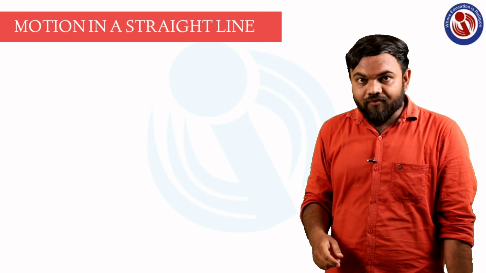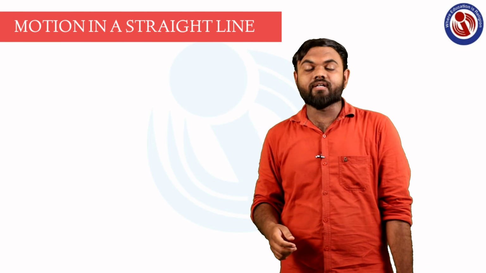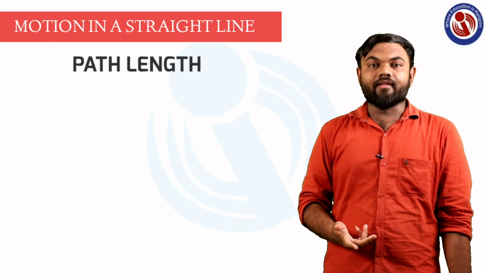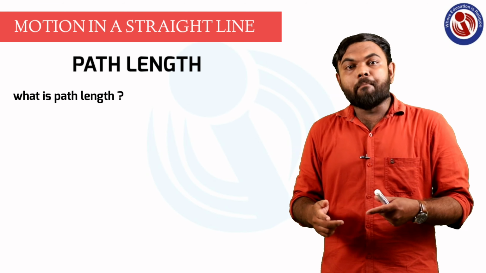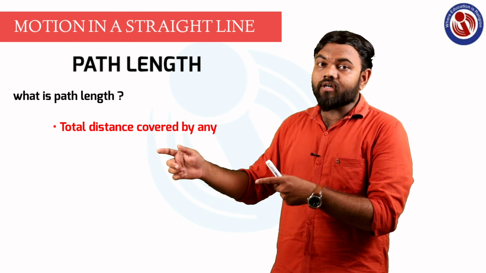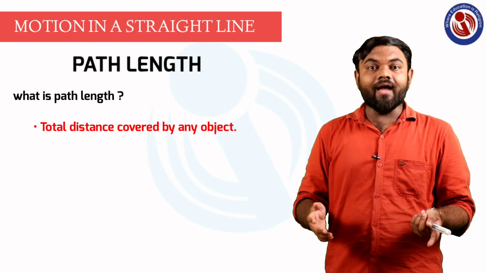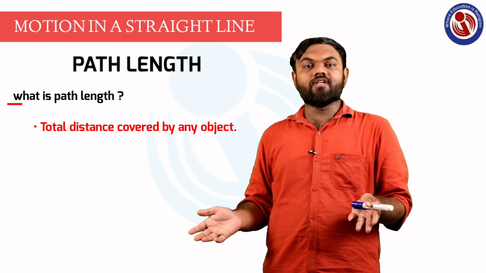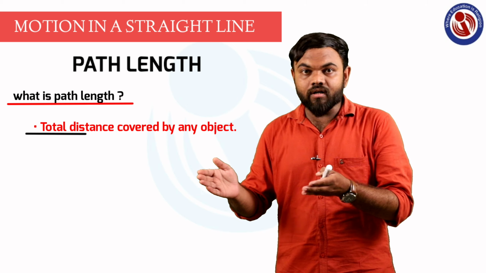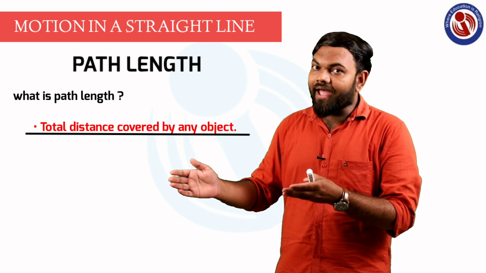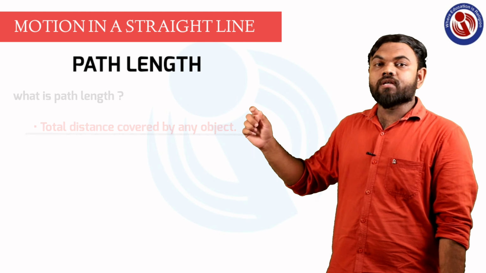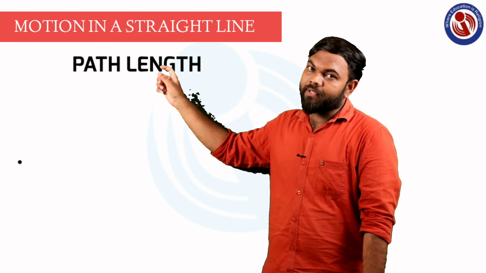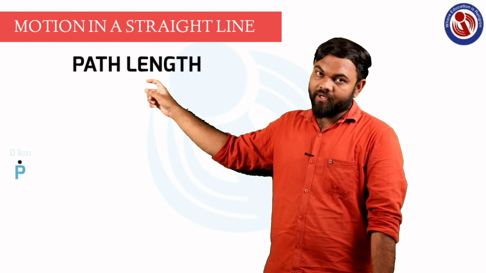Now we will define the second physical quantity. It is path length. What is path length? Path length is the total distance covered by any object. Suppose we take one point, P point, it is at 0 km.